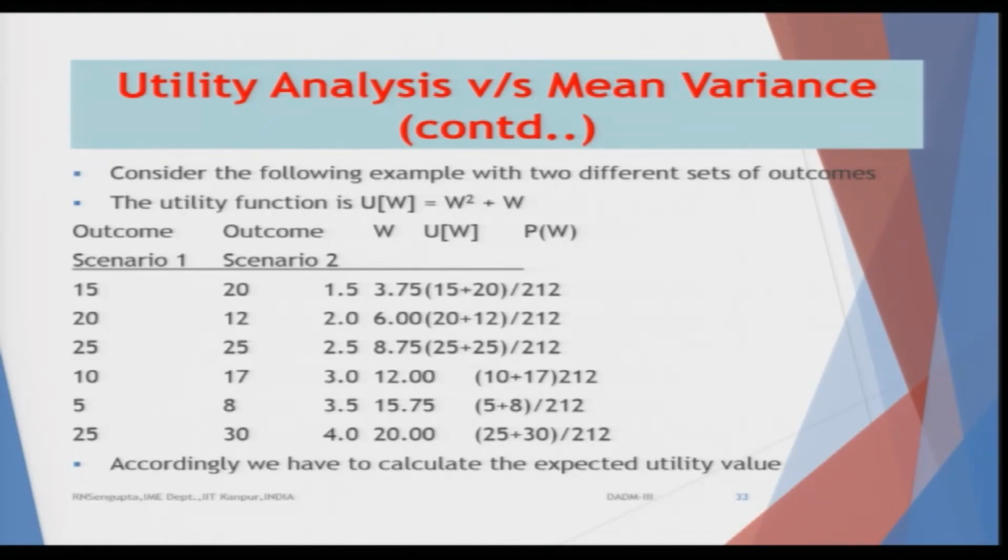Now consider the following example with two different sets of outcomes. Again the utility function is quadratic, but in this case the outcomes are given for scenario 1 and scenario 2. Scenario 1 outcomes, reading the first column, are 15, 20, 25, 10, 5, and the outcomes for scenario 2 would be 20, 12, 25, 17, 8 and 30.